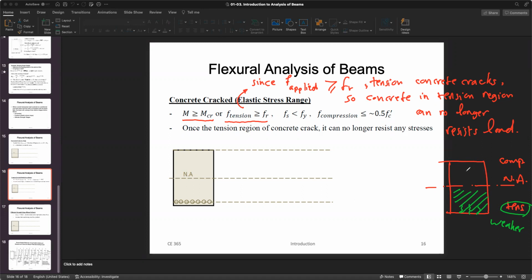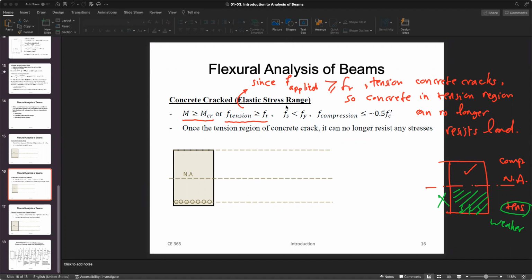Only concrete in compression, which is on top, is good to go. But at the bottom, the concrete does not work for you anymore because it is cracked. In this case, as we discussed a little bit before, you're going to be dealing with steel to help you for tension. All right. So let's just look at it. What would be the graph?